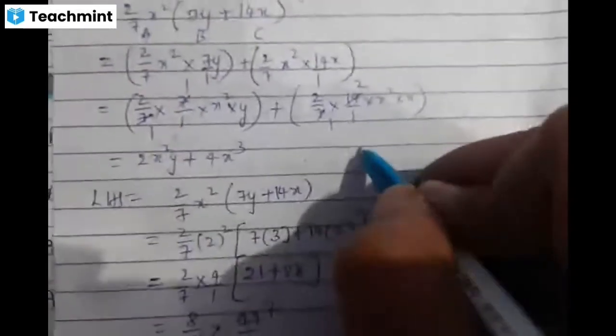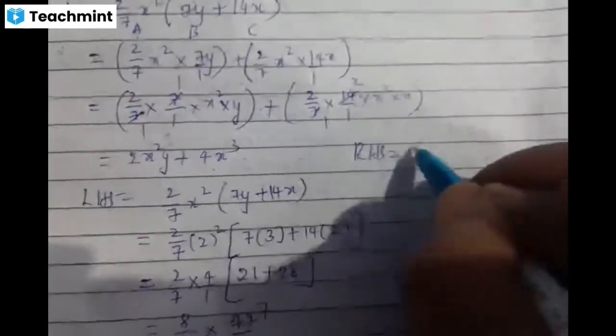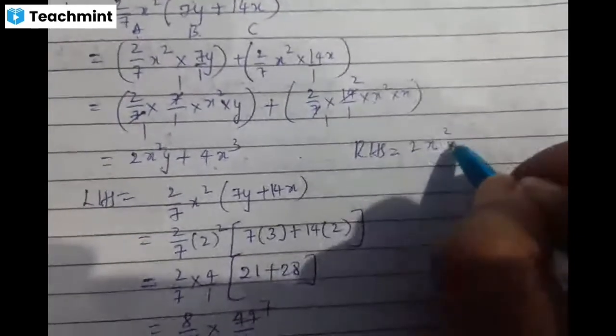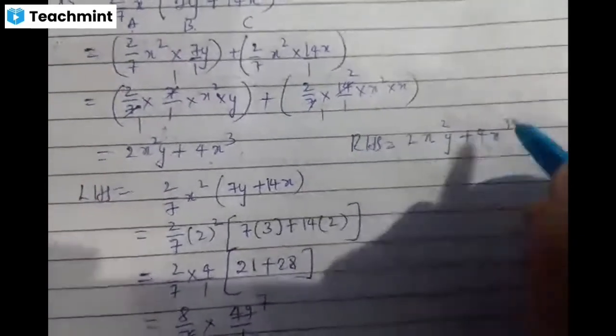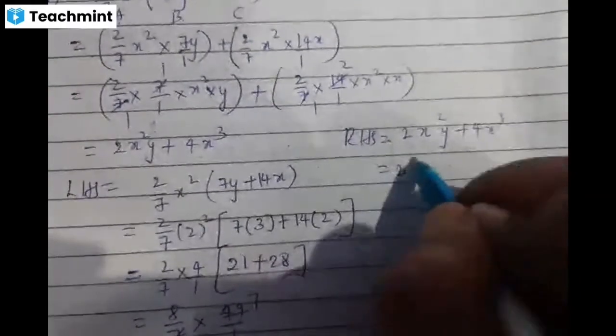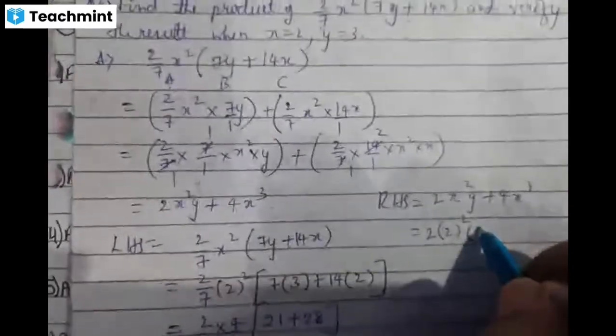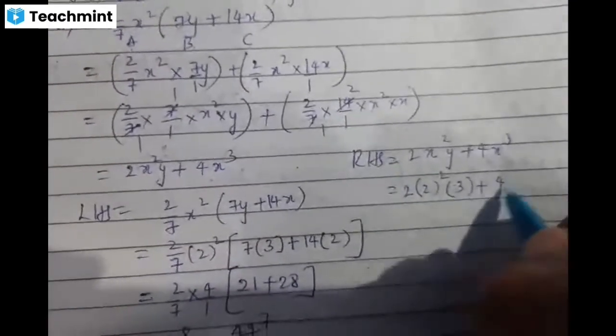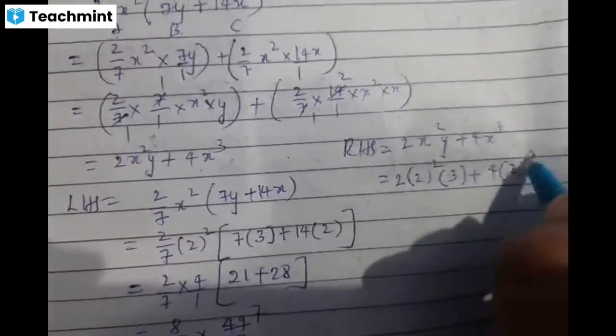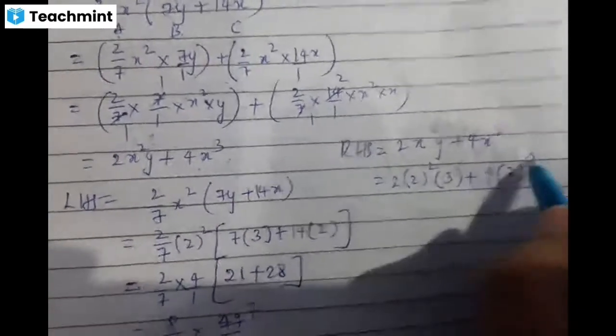Now consider RHS, children. What is RHS? 2x²y plus 4x³. 2 into x is 2 square, y is how much? 3 plus 4 into x is again 2 to the power of 3, because you have 3 power.